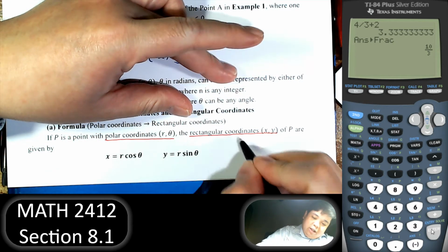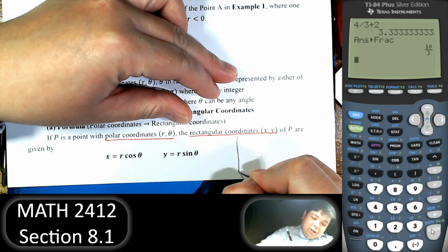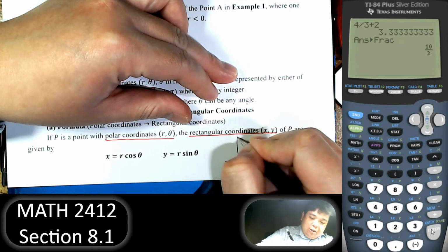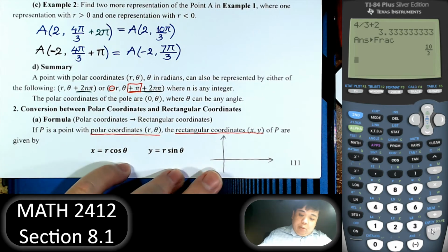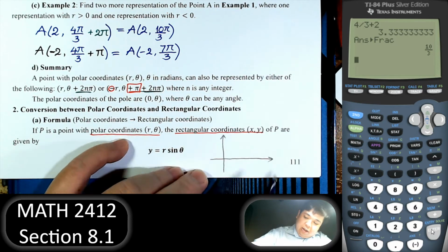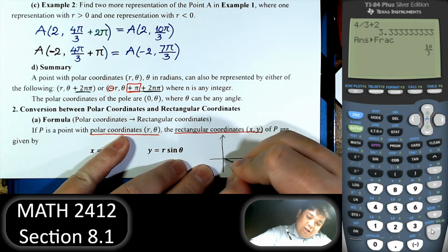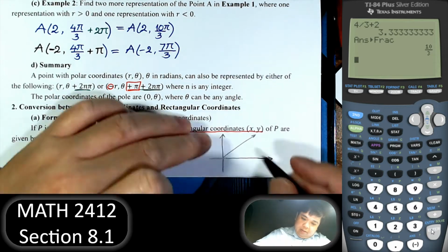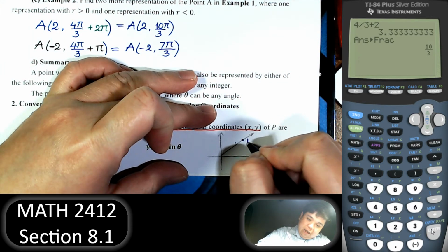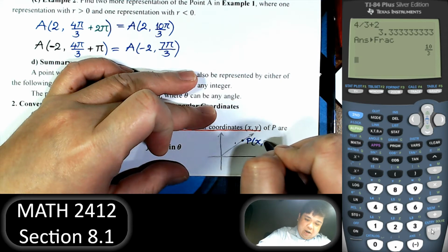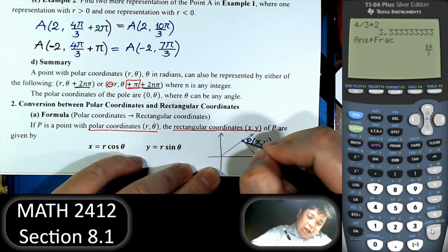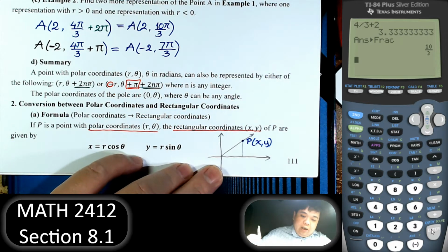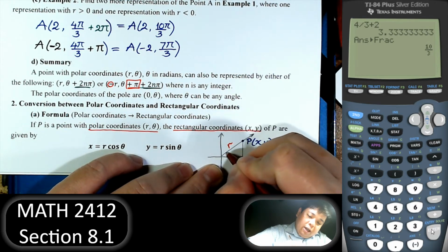Now if we draw a little sketch, if we choose the positive x-axis as the polar axis, this is the ray through the point. Say this is the point P. Originally we have x and y, but we can also form it using r and theta.